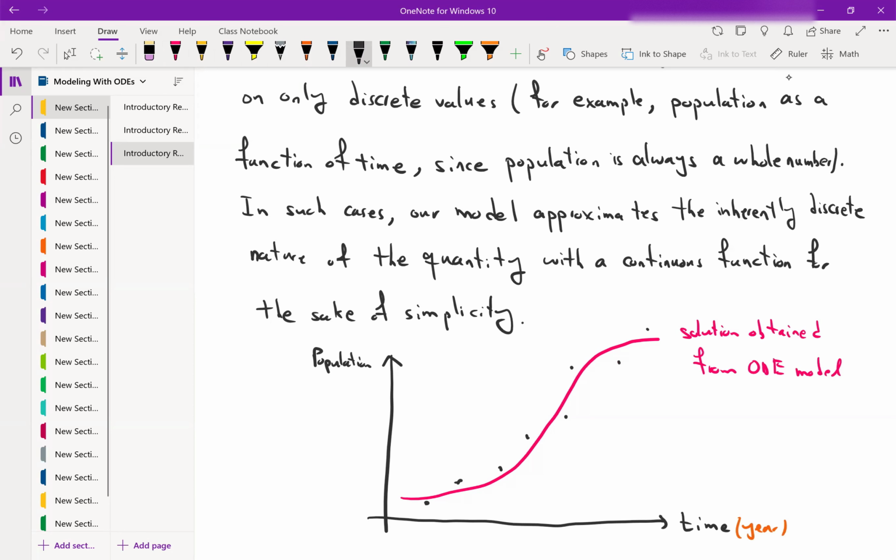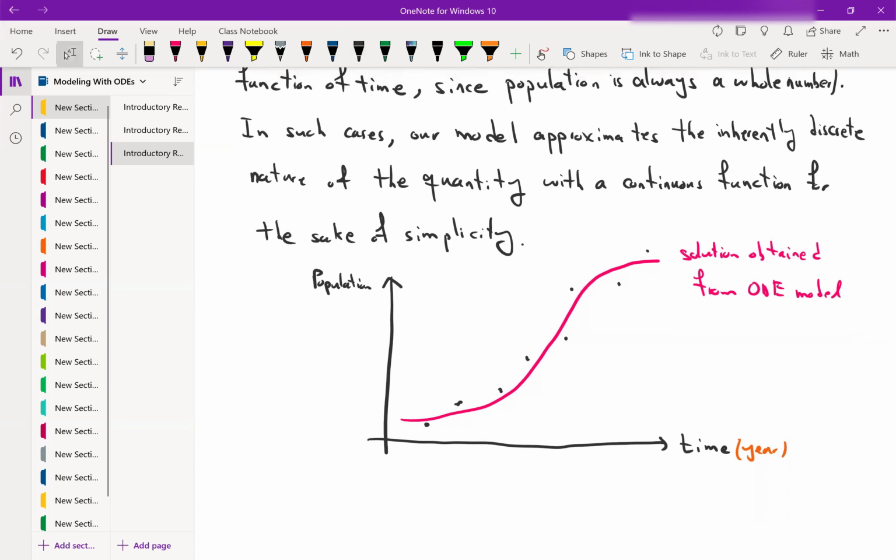Of course, your model is not giving you exactly those whole number values, right? Those are integer values. This is some continuous approximation of what is happening in reality. So the moral of the story here is that you should not be surprised if your model produces non-integer values for a quantity such as total population.